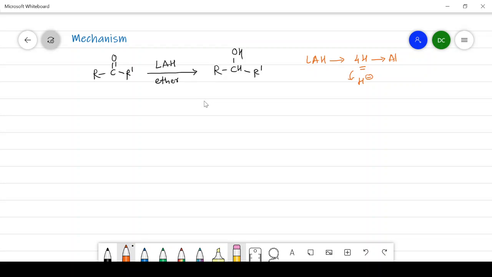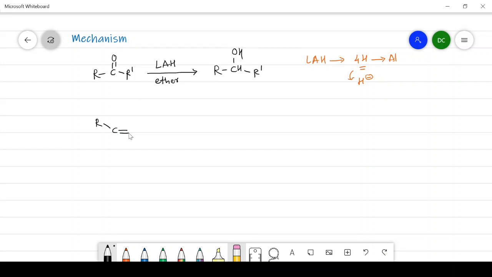That's why they undergo a nucleophilic addition reaction with the reactant, and we obtain the corresponding nucleophilic adduct, which upon hydrolysis gives the final product. So let's see how it happens in the case of ketones.